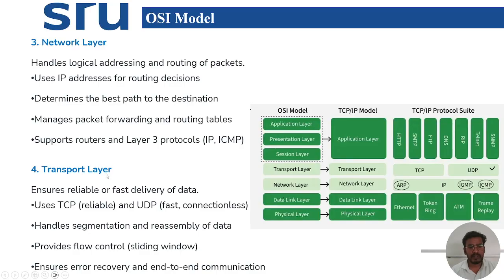Coming to the transport layer, which ensures reliable or faster delivery of data. To transfer the data from one point to another, it uses TCP, the Transmission Control Protocol, and UDP.